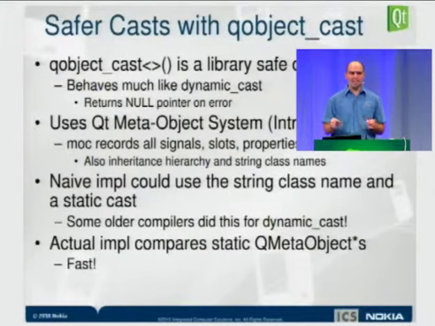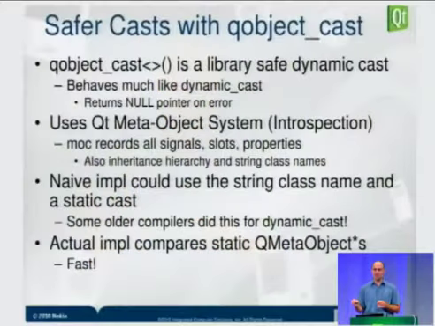What it uses is that meta object information that we talked about slides ago. It has all the class names. It has all the information about inheritance. And it has the meta objects themselves. So a naive implementation of qobject_cast could do string compares against the class names. Is this the same class name? And then do a static cast.